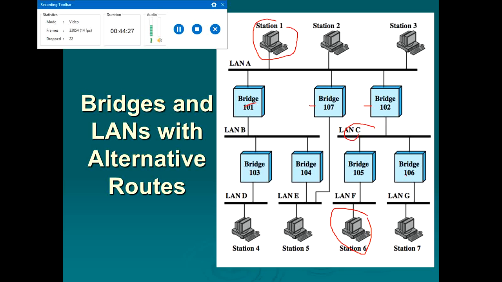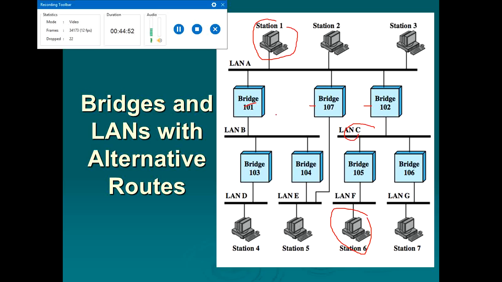So we can see from here that bridges should be equipped with a routing capability. That means bridges must learn the path, bridges must learn the route. When a bridge receives a frame, it should decide whether or not to forward it. When I say that bridge 101 and 107 should not send, how do they decide that they should not send?